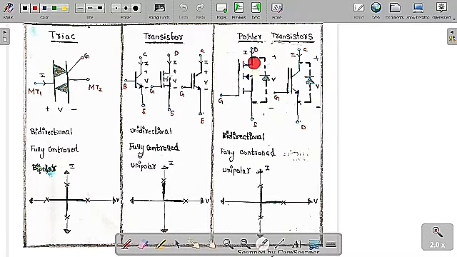Now when the voltage is lesser than the positive forward blocking voltage, the voltage will be non-zero, but the current is zero. But if it is greater than the forward blocking voltage, the current will be non-zero, but the voltage is zero. But if you give a negative voltage, what is going to happen?